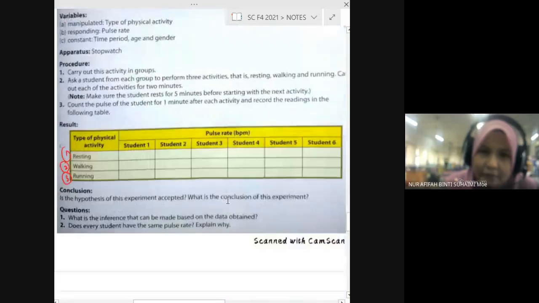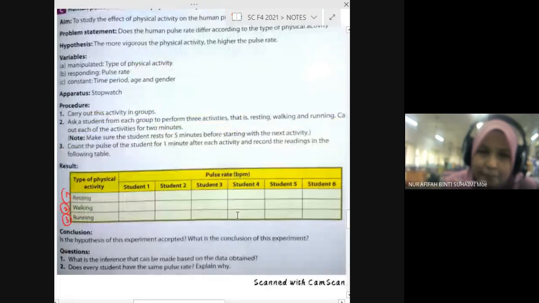For C, physical activity: comparing resting, walking, and running, running produces a higher pulse rate than walking and resting. So resting produces the lowest pulse rate.